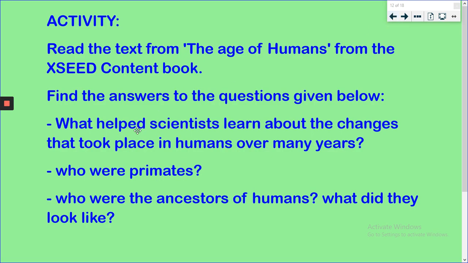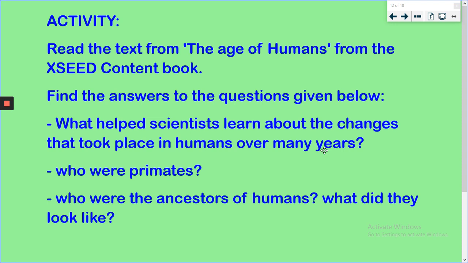Now, did you find the answer for this? I'll ask, what helps scientists learn about the changes that took place in humans over many years? What do they use? Scientists used fossils, which are the remains of humans, such as bones, teeth, and skulls, to learn about the changes that took place in humans over many years.